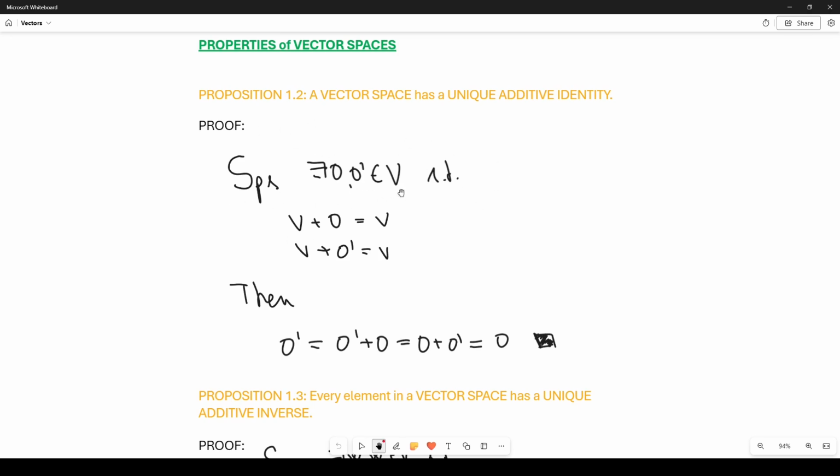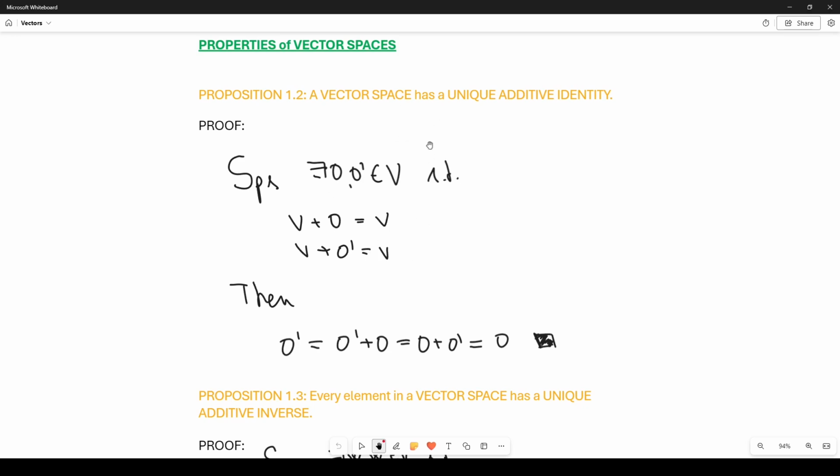So suppose that V, our vector space, has two additive identities, 0 and 0 prime. Since they're additive identities, these relations hold. Well then, 0 prime is equal to the following, and then we use commutativity, and we just get that 0 prime is equal to 0. So we pick two arbitrary additive identities, and it turns out that they're the same.